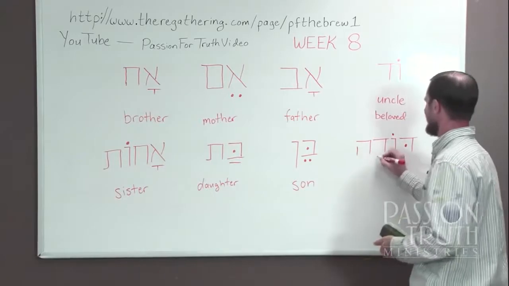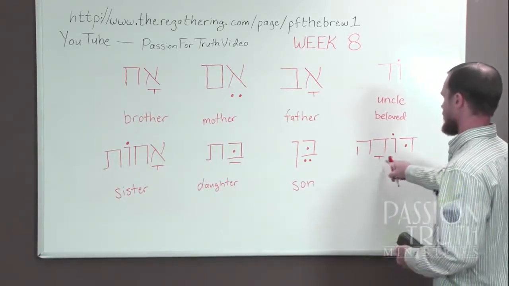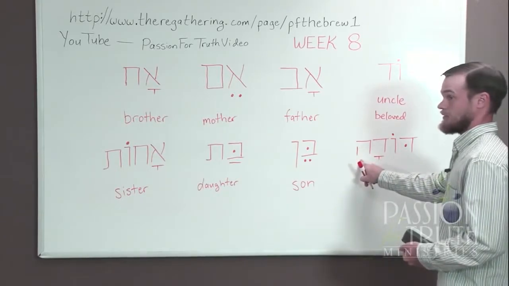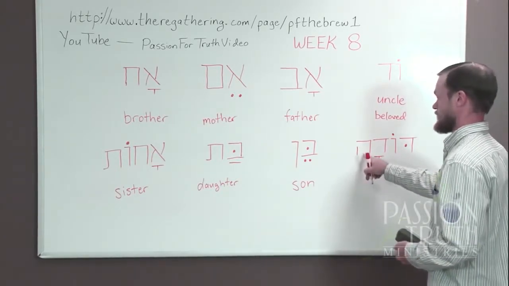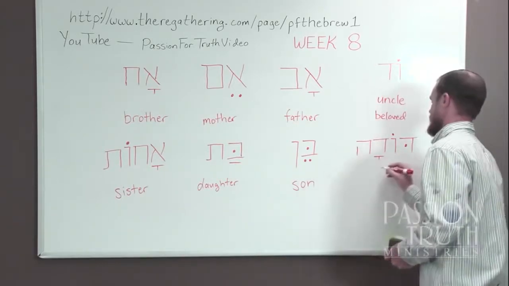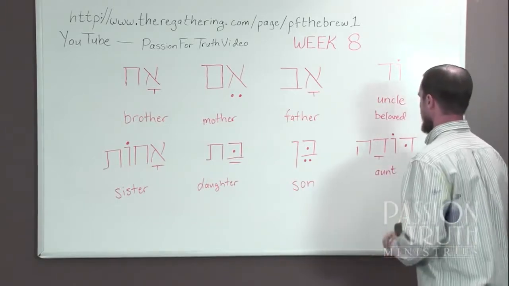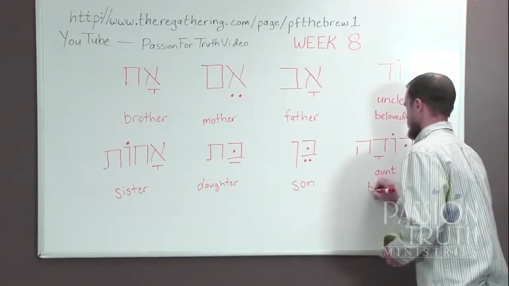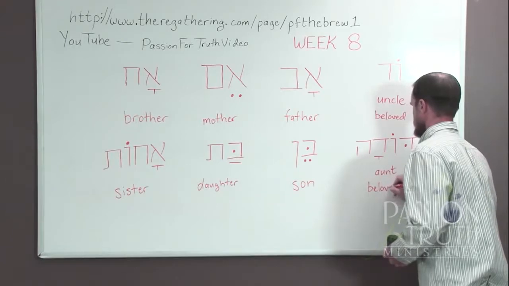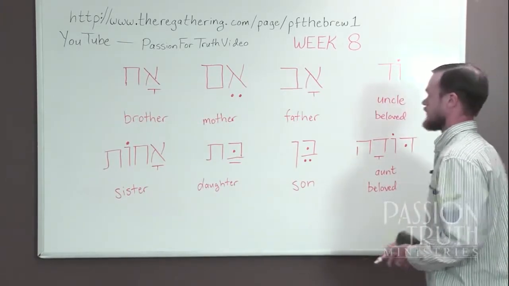All right, the feminine form just adds a comets hey to the end, so it adds an ah to the end. Of course, the hey is silent at the end of a word. So doda is an aunt. It can also be beloved, feminine. But dod and doda are uncle and aunt.